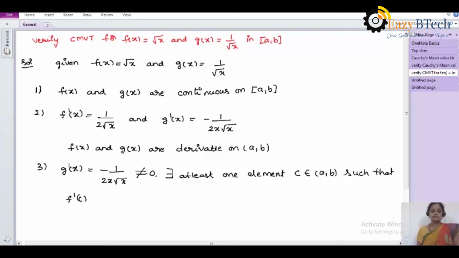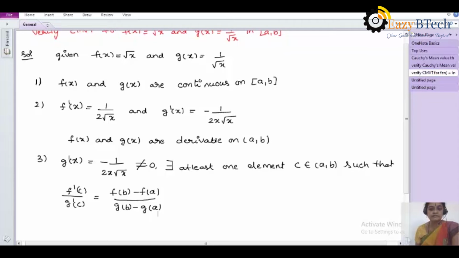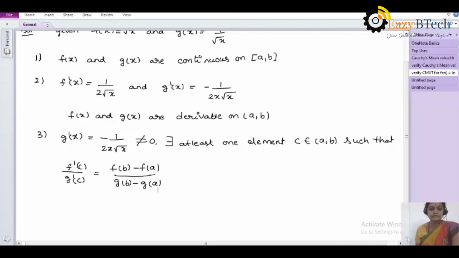Cauchy's condition: f dash of c by g dash of c is equal to f of b minus f of a by g of b minus g of a. Cauchy's theorem, main condition. Now finding all values: f dash c, g dash of c, f of b, f of a, and g of b, g of a. Here the value of a is nothing but a and b is nothing but b only.